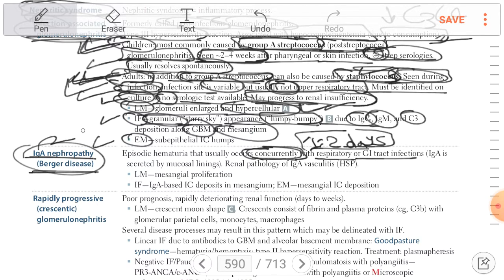So the most important findings here are hypercellularity of post-streptococcal glomerulonephritis and the granular, lumpy bumpy appearance due to deposition of immunoglobulin G, immunoglobulin M, and C3. Then on electron microscopy, it's subepithelial, and it's so important, and we will compare it with other diseases after this infection.